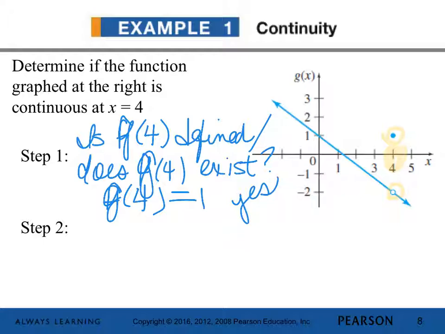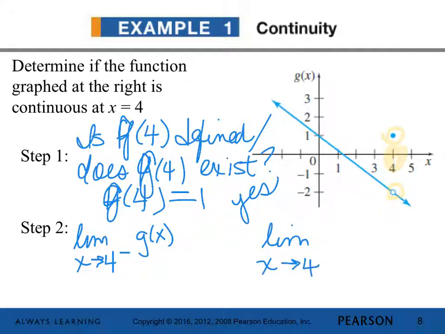But now we need to evaluate the limit as x approaches 4 from the left of g of x, and the limit as x approaches 4 from the right for g of x. And we see that if we approach 4 from the left, we seem to be approaching the value -2.